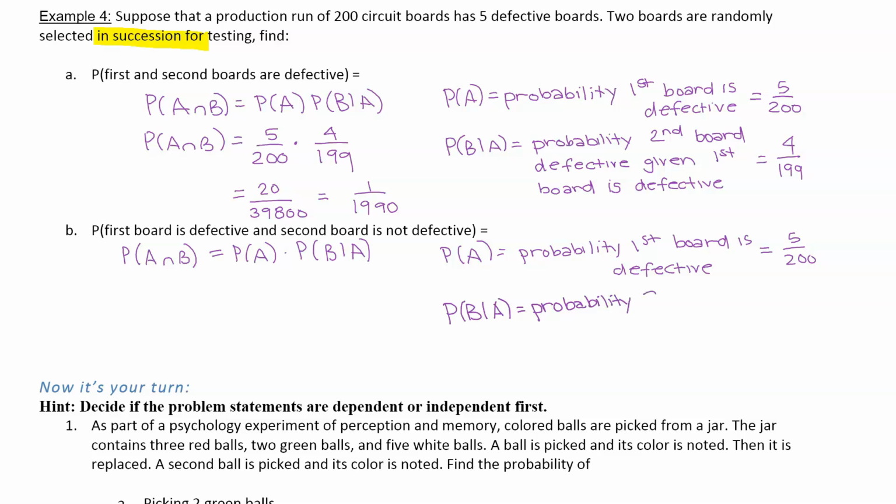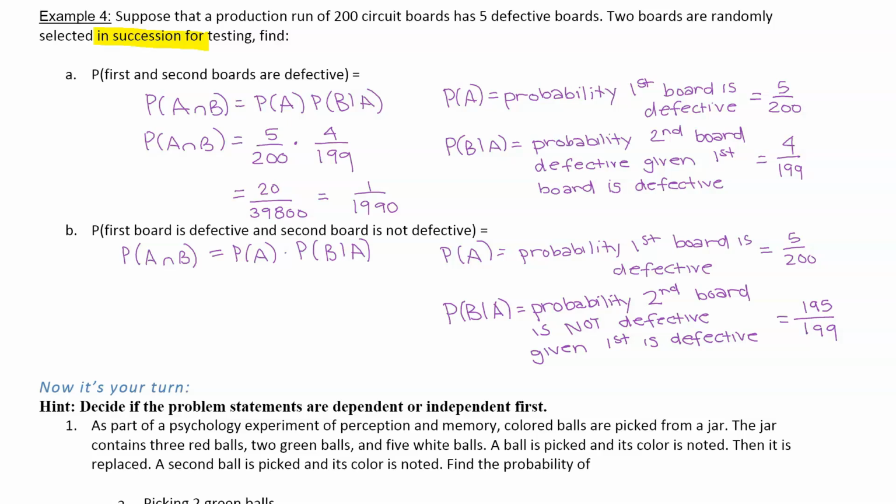So I have 195 non-defective items, and because one item has already been removed, I'm left with 199 items total. So the probability of B given A is going to be 195 over 199.